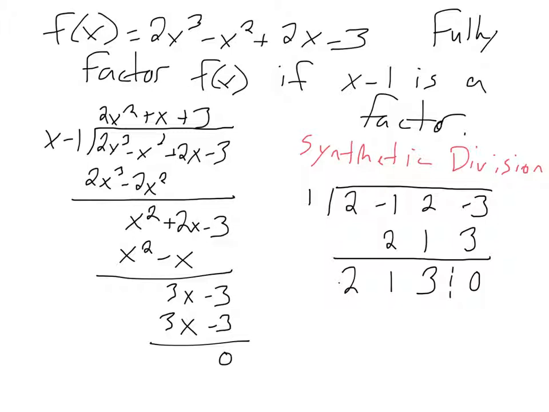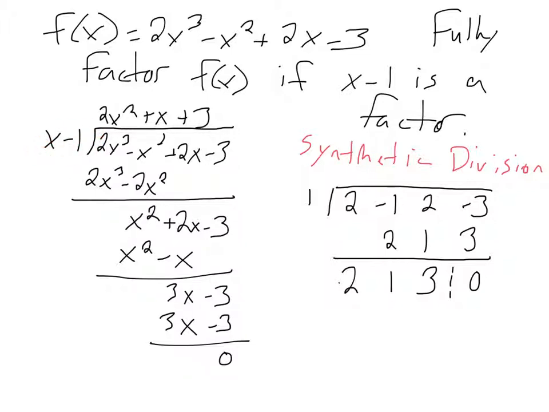And so you can see that this involves a lot less writing, and it's a lot quicker than this process. And we're not doing a different process. It's just that when we know that the only thing we're going to be dividing by is x minus some number or x plus some number, we can greatly simplify this process, because there are so many things that are the exact same in each one of these processes when we divide by a binomial that's this simple.